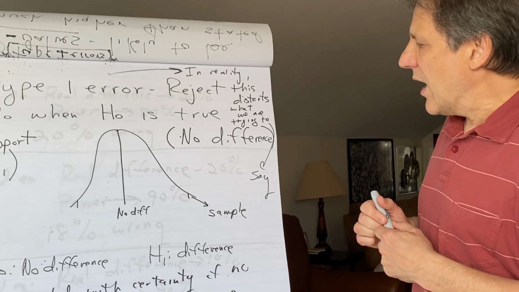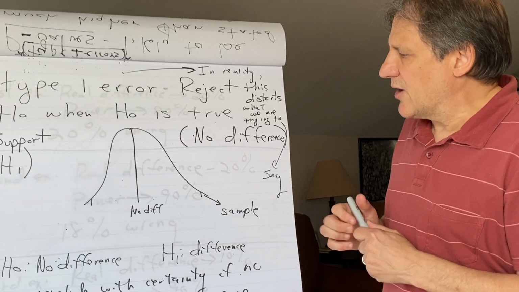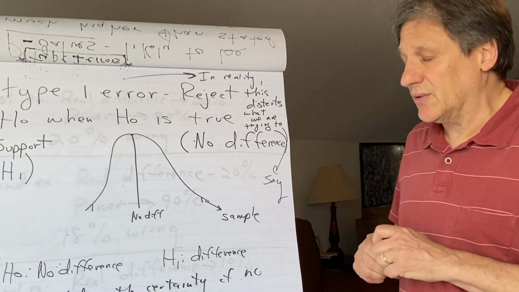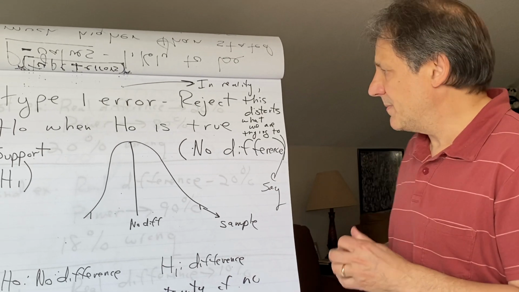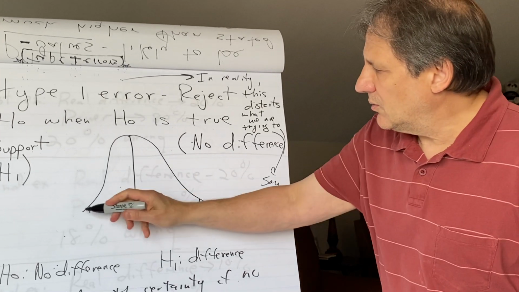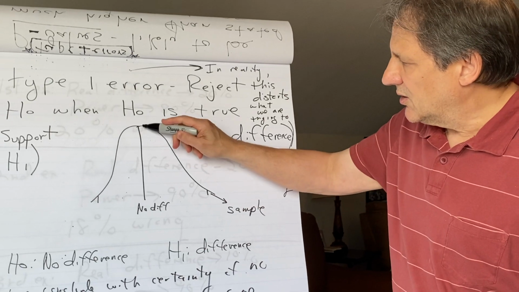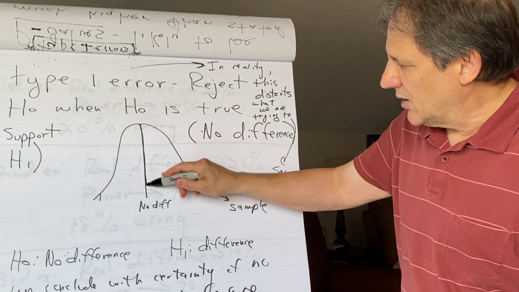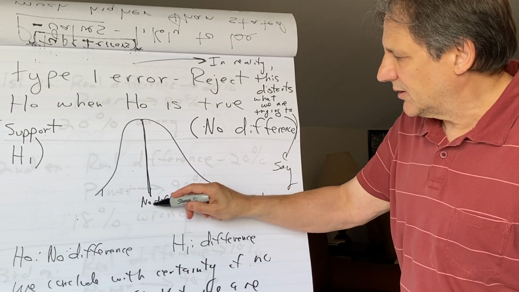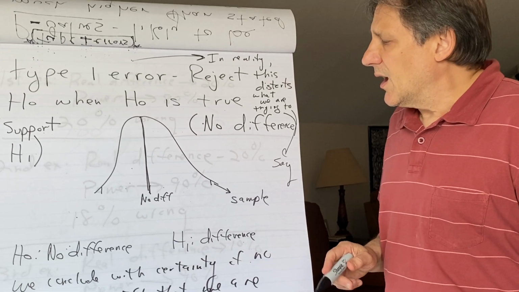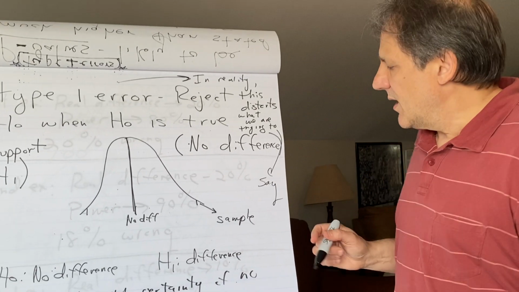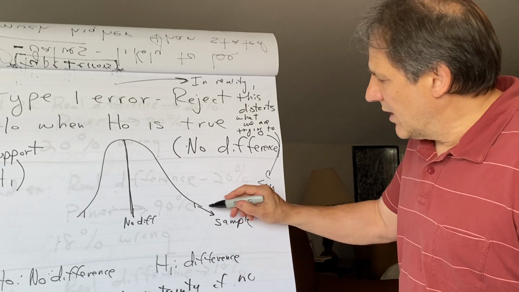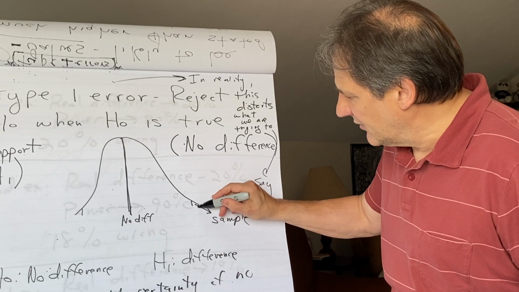Now, the conventional way of going about this, as far as p-values go, is that we have this normal distribution. Usually it's a normal distribution. And we assume that there's no difference, okay? And we take a sample, and maybe the sample is kind of an outlier.